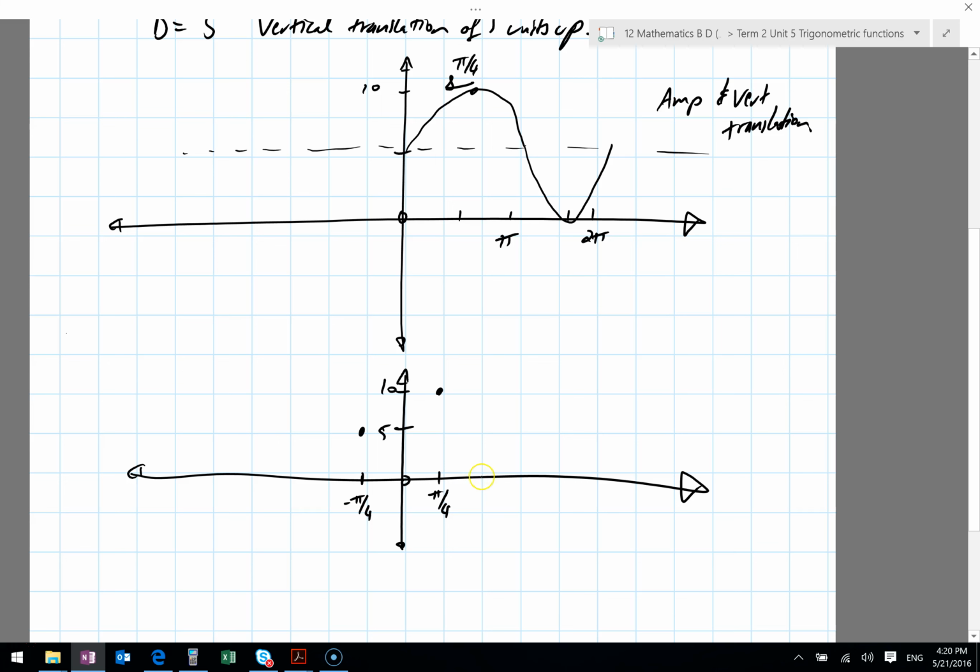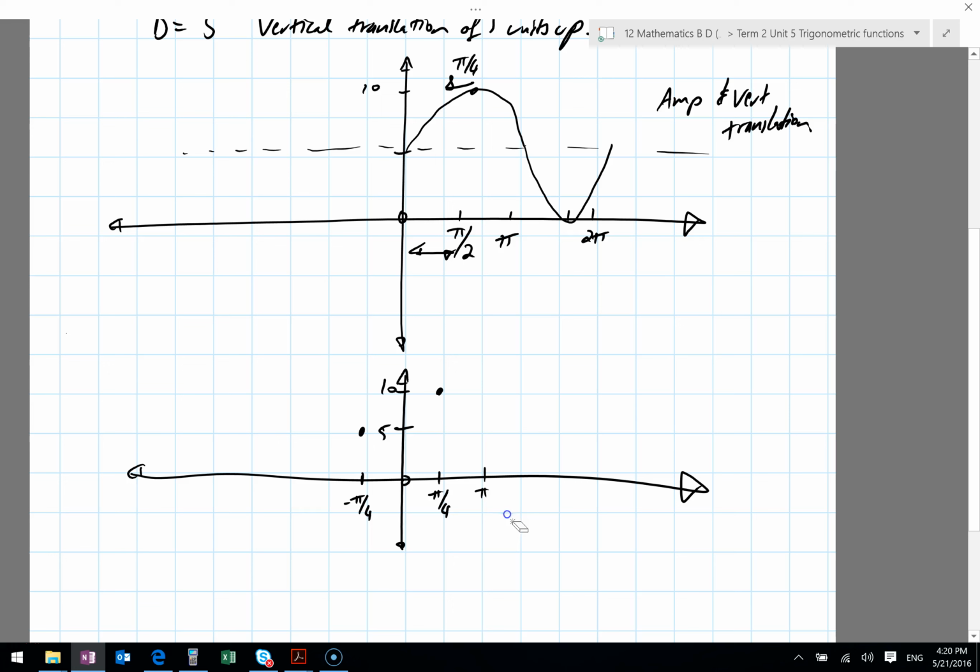So at pi on 2. It's probably good to label all of these. The distance between all the points is pi on 2, between those 4 significant points.